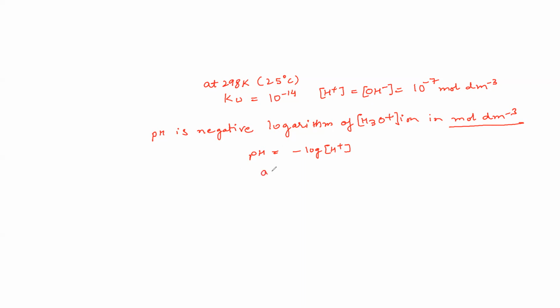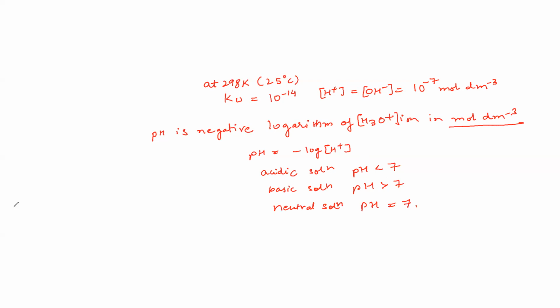So for the acidic solution, pH is less than 7. For the basic solution, pH would be more than 7. And for the neutral solution, pH is equal to 7.